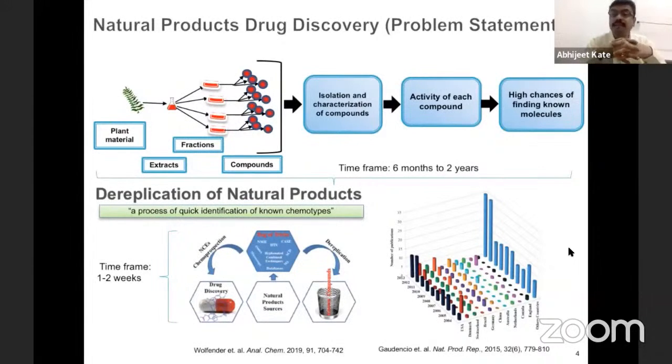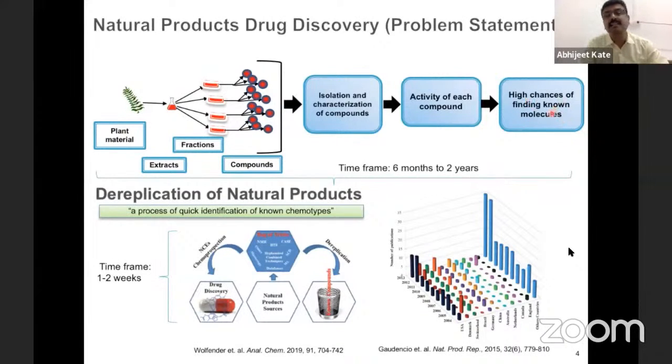The ideal would be that academic labs and national institutes play a major role here. And our approach is the same, that we want to contribute in this area through our research. As I'm mentioning in this slide, the top part shows how complicated this process is: from plant material or any other natural source, you extract, you fractionate, you find a compound, you isolate, characterize it, and find out the activity.